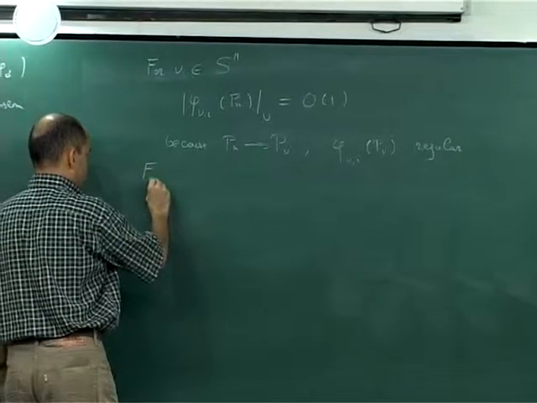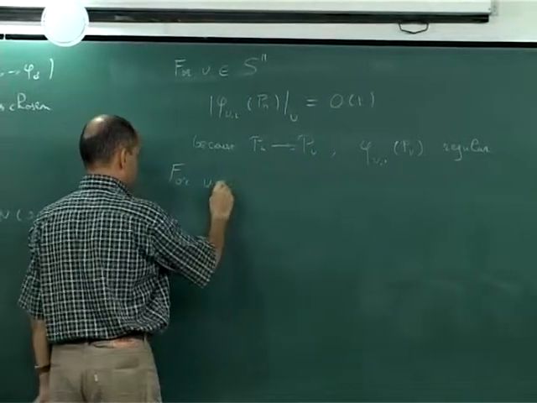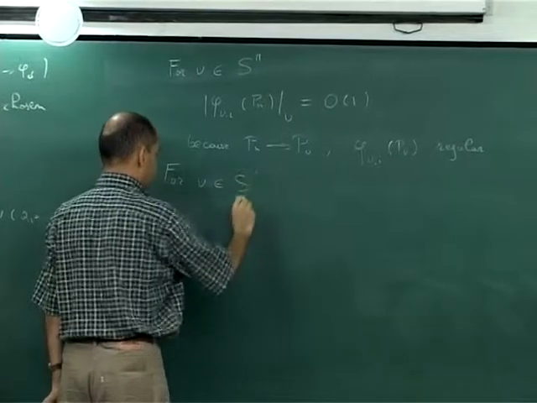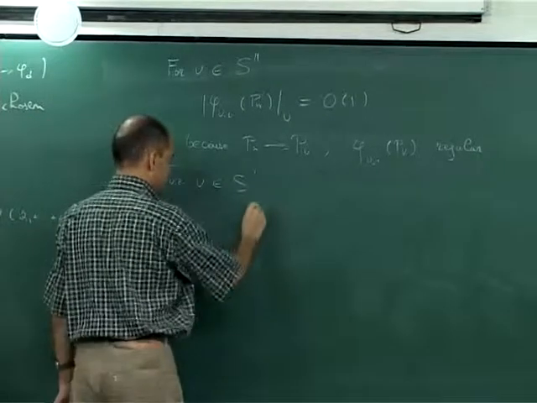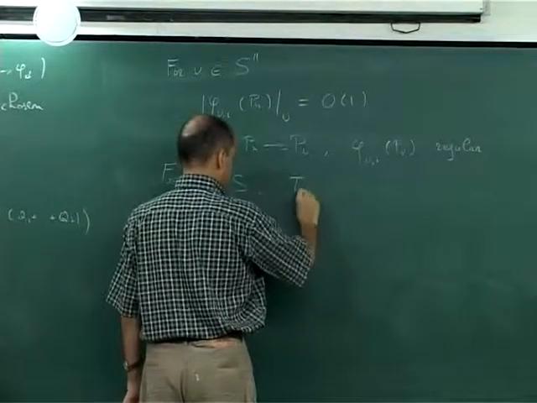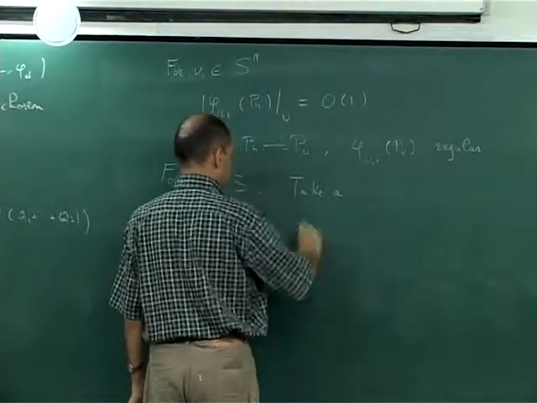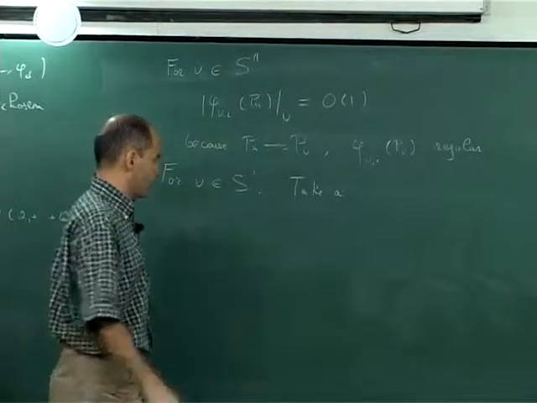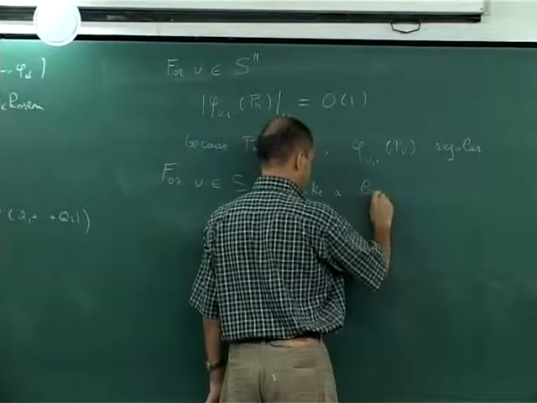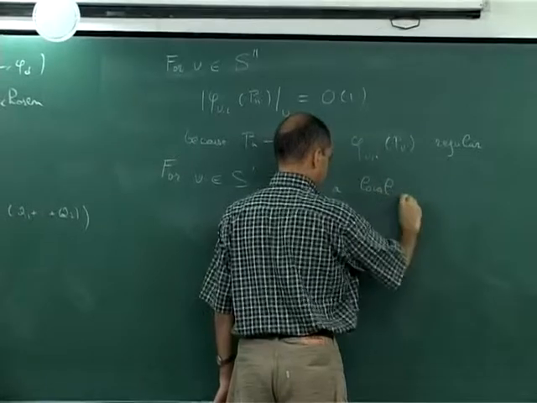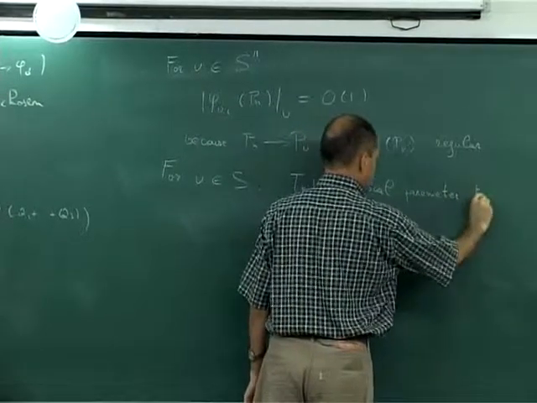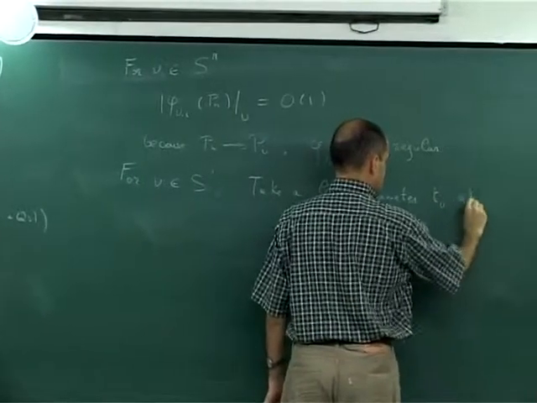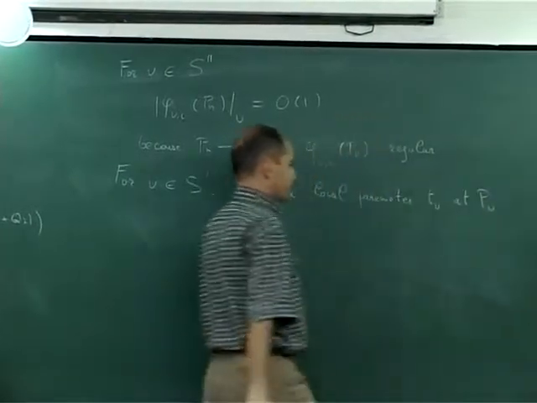So the interesting case is what happens for nu in S prime. Then we take a local parameter T nu at P nu.